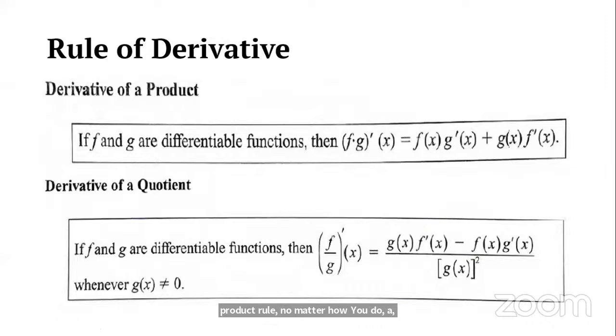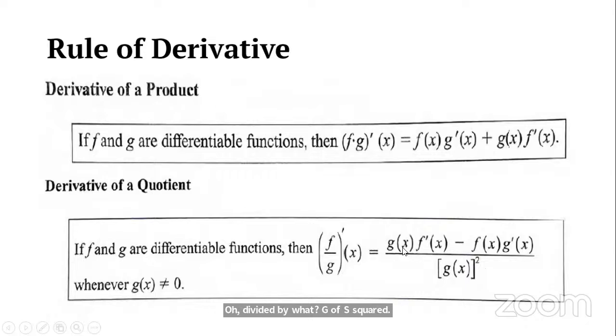But if you are dealing with the quotient rule, make sure that you bring the function at the bottom first, which is g of s, before you differentiate the top: g of s times f prime of s minus f of s times g prime of s, all divided by g of s squared.